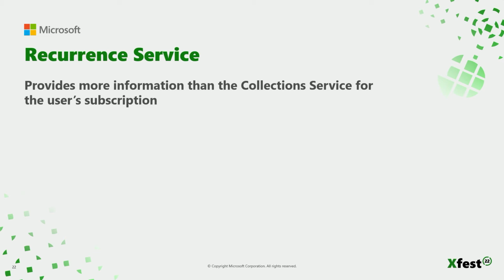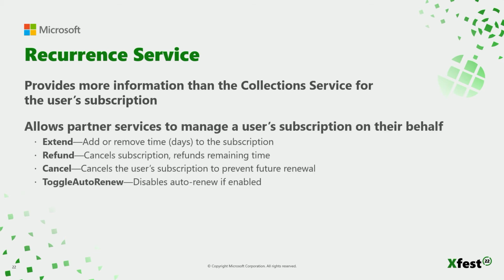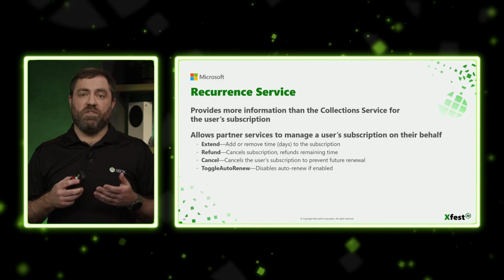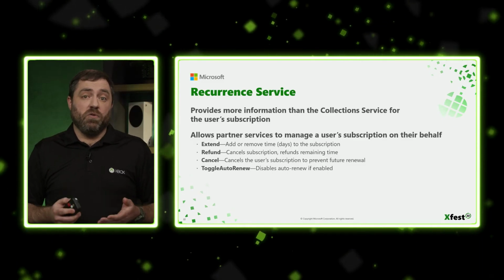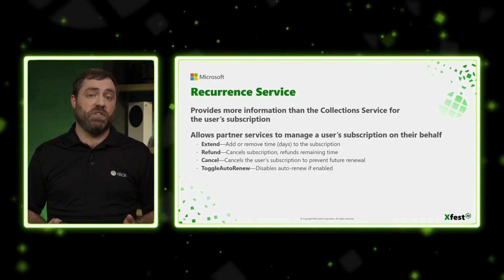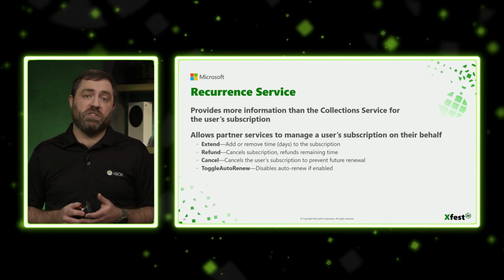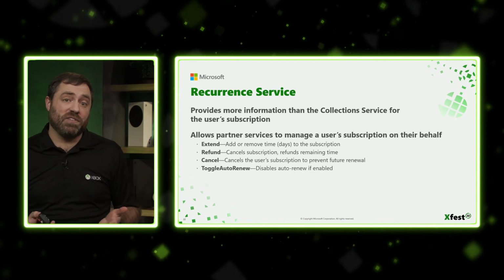The Recurrence service also allows you to manage the subscription on the user's behalf with the Change API. With this service, you can extend, refund, cancel, or disable auto-renew for the user. For example, if your service had an outage, you could extend each user's subscription time by a day or two based on how long that outage was.